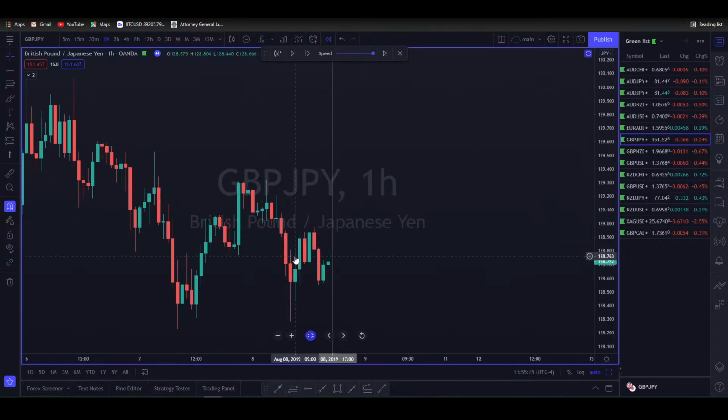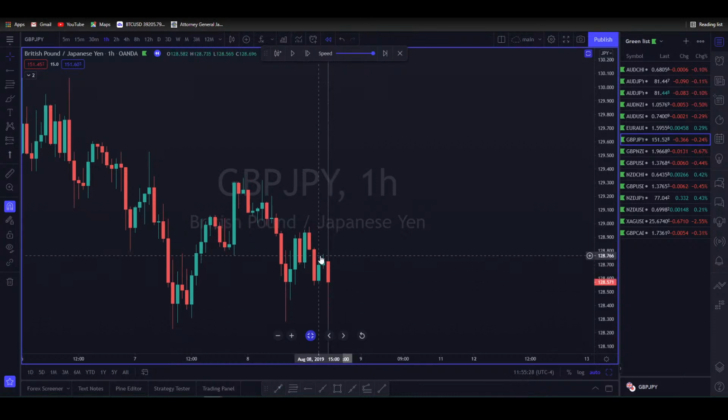Alright. August 8th, 2019, 1700. So right here is the open of this next daily range. That's the open on the hourly. Boom. There's your high of day so far. High of day.